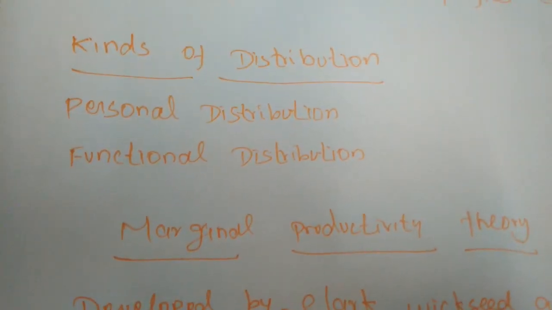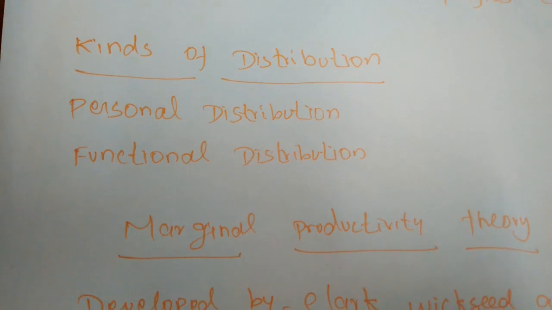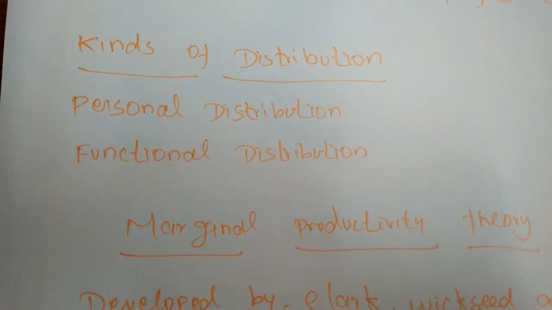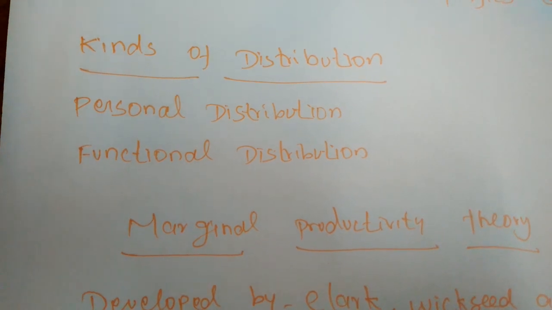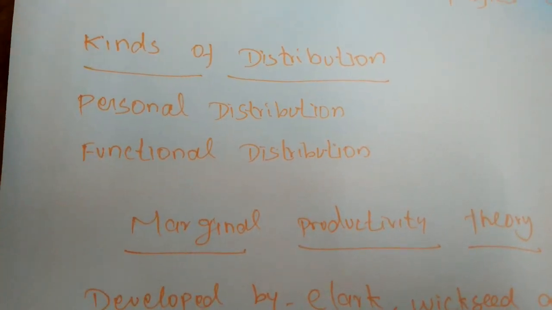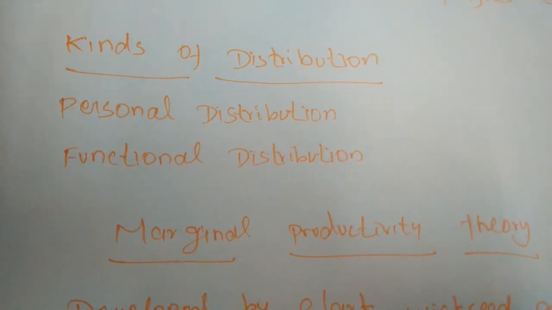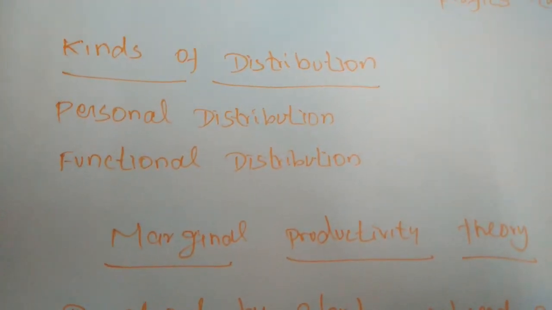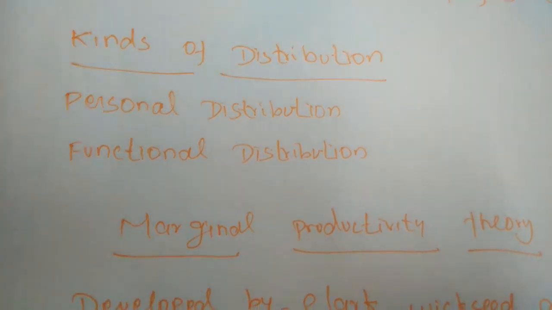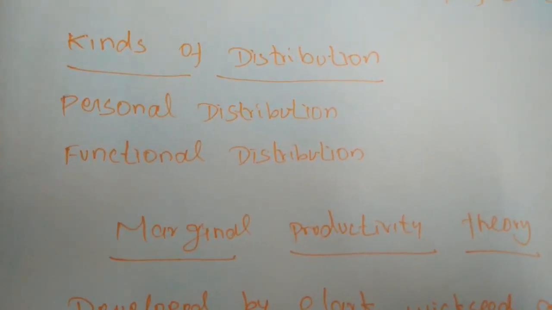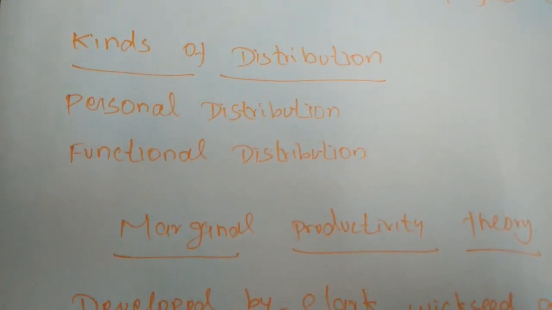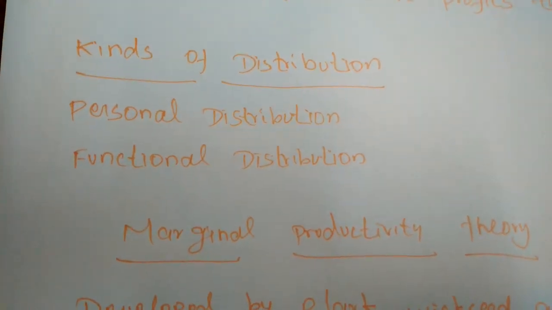Next, functional distribution. Functional distribution means the distribution of income among the four factors of production, land, labor, capital, and organization, for their services in the production process. When the producers arrange the factors of production, they pay remunerations to the four factors.